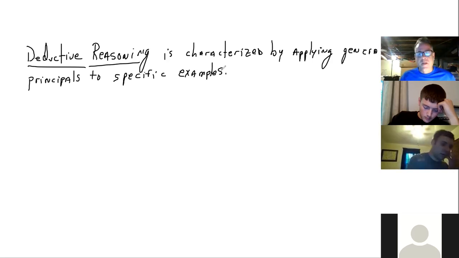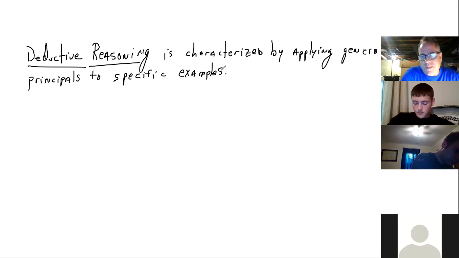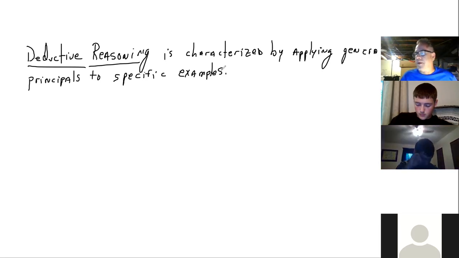Okay, so another way to think of this is I have a set of premises I'm looking at, and I apply generally held rules, laws, etc., to draw a specific conclusion. And so where inductive reasoning is moving from specific premises to a general conclusion, deductive is moving from general premises to a specific conclusion. Okay. All right.